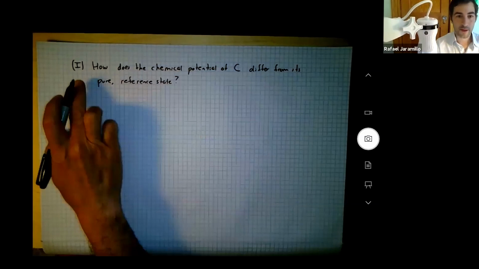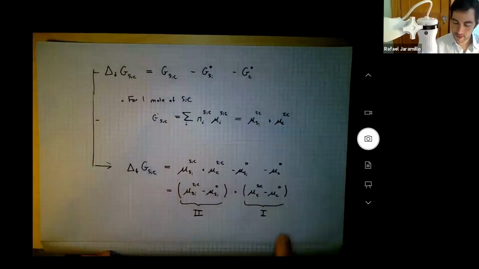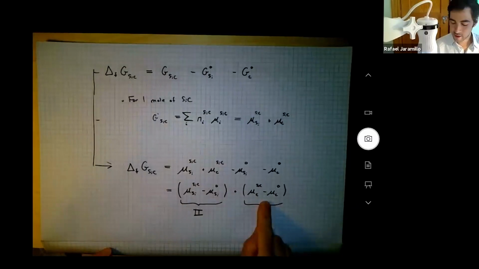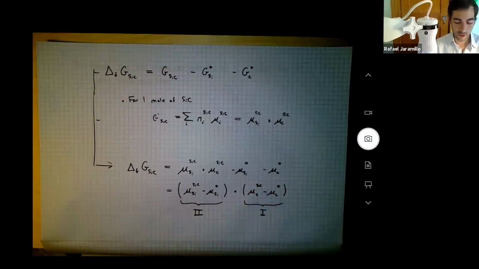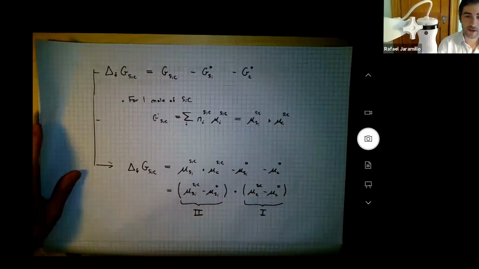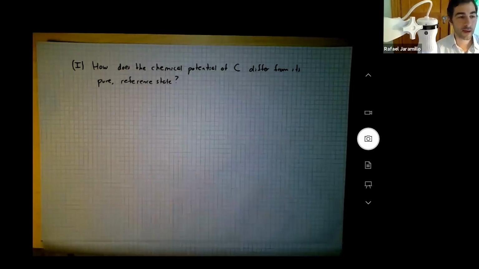This sentence is this expression. This expression is the difference in chemical potential for carbon between this compound and its reference state. That's what that expresses, and that's also what this expresses. How does the chemical potential of carbon differ from its pure reference state? So I'll ask you, somebody please, volunteer an answer.